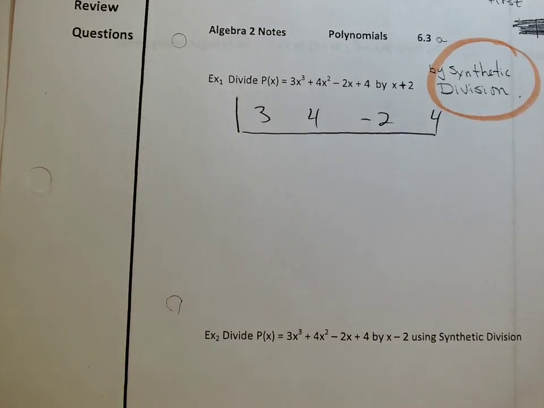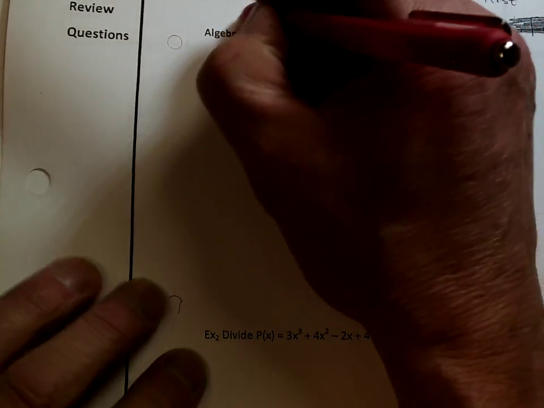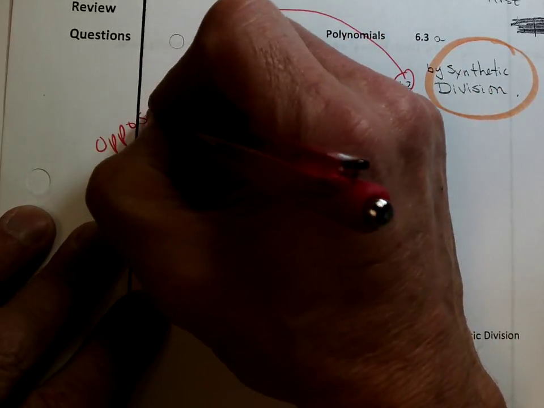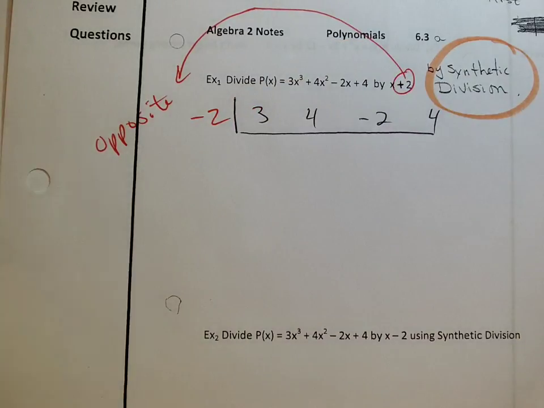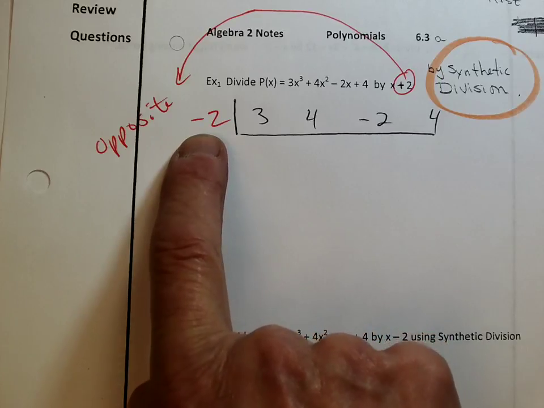Now, the next thing to do is divide by the opposite. Please write this down. So I'm going to divide by -2, okay? When we divide by the opposite, we're actually adding a negative, so we don't subtract at all in synthetic division, because we just made this a negative, or the opposite.